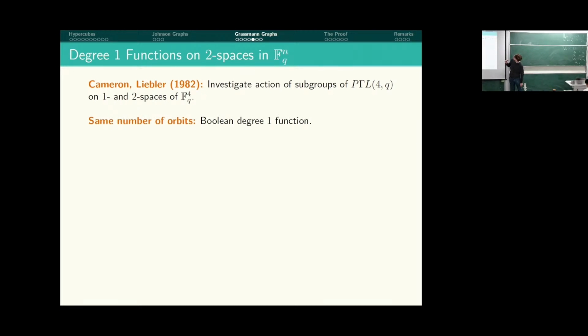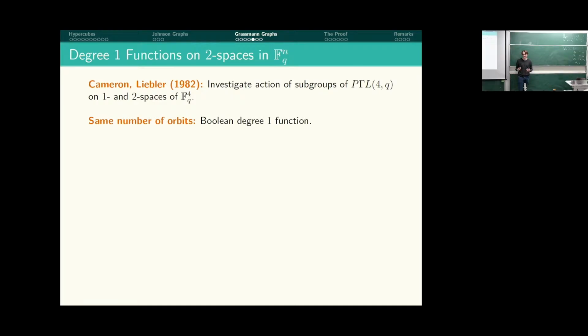You look at the action of subgroups of PΓL(4,q) on your four-dimensional vector space, then it's easy to see that the number of orbits on two spaces is at least the number of orbits on one spaces.